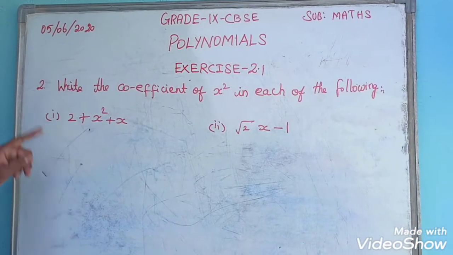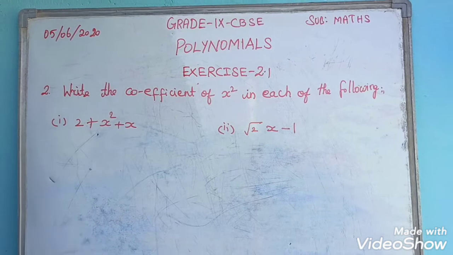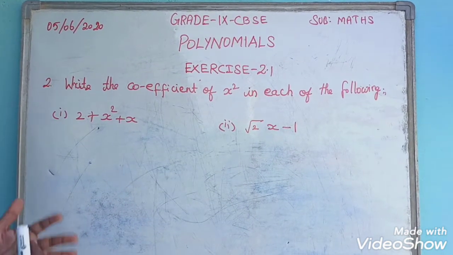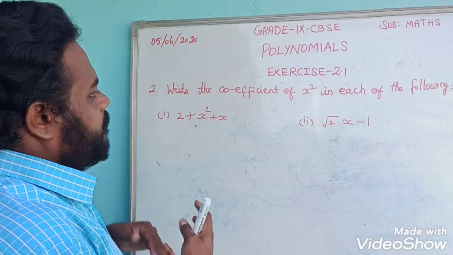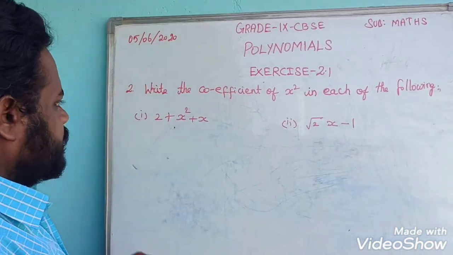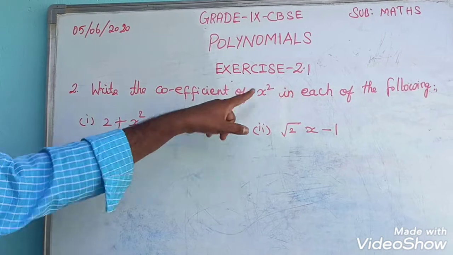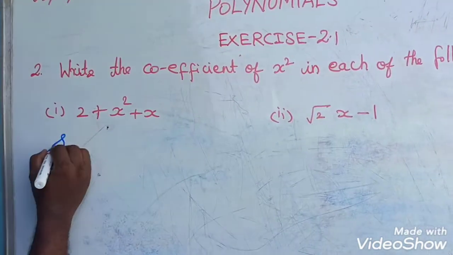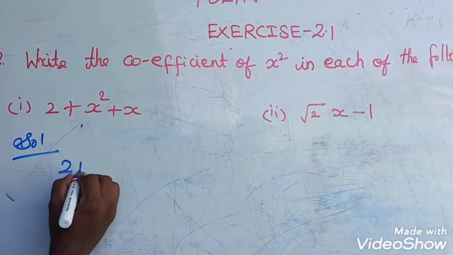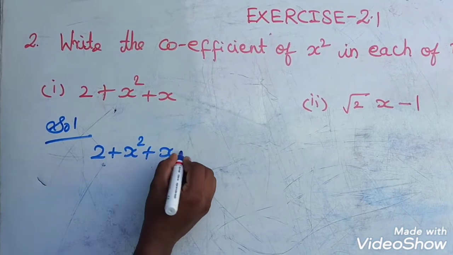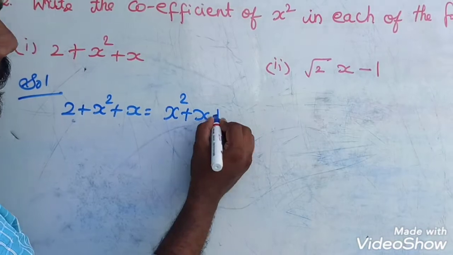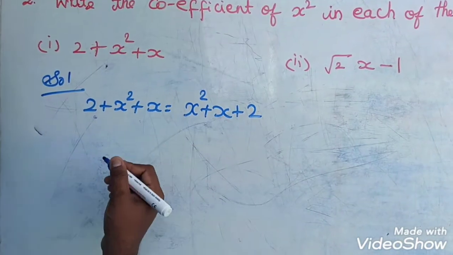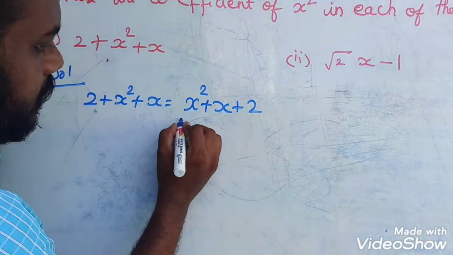Next we move on to the second Roman numeral. Write the coefficient of x square in each of the following. Coefficient is nothing but the multiple of a variable. It may be x, y or whatever it is. Here they are asking the coefficient of x square. The first question, 2 plus x square plus x, can be written in order as x square plus x plus 2. So here where is the term x square?